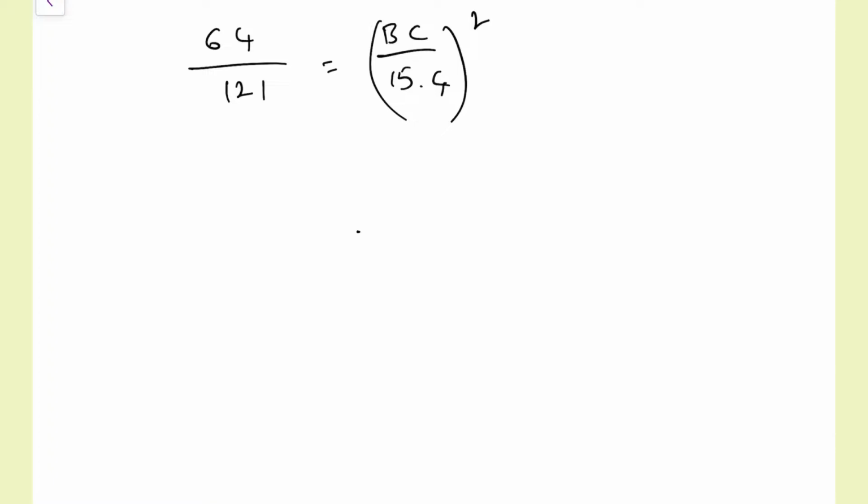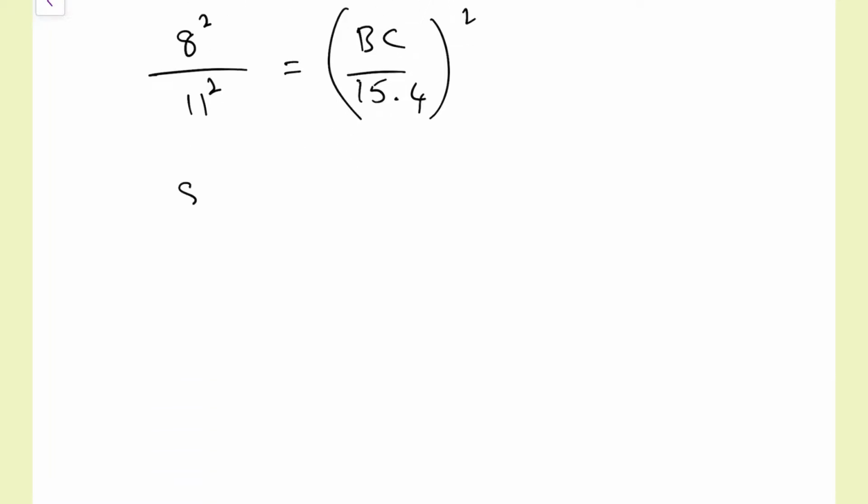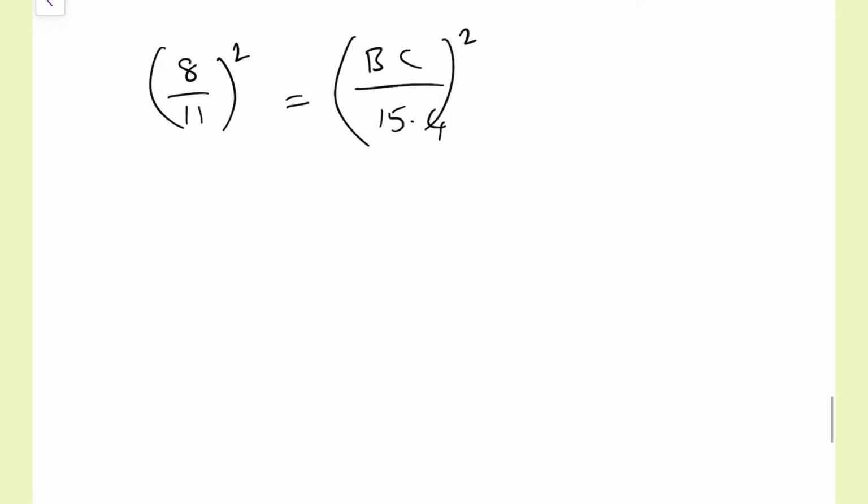Here left side 64 can be written as 8 square by 121 can be written as 11 square, which equals BC by 15.4 whole square. 8 square by 11 square can be written as 8 by 11 whole square, which equals BC by 15.4 whole square. Left side whole square, right side whole square, if we remove it, we remain with 8 by 11 equals BC by 15.4.